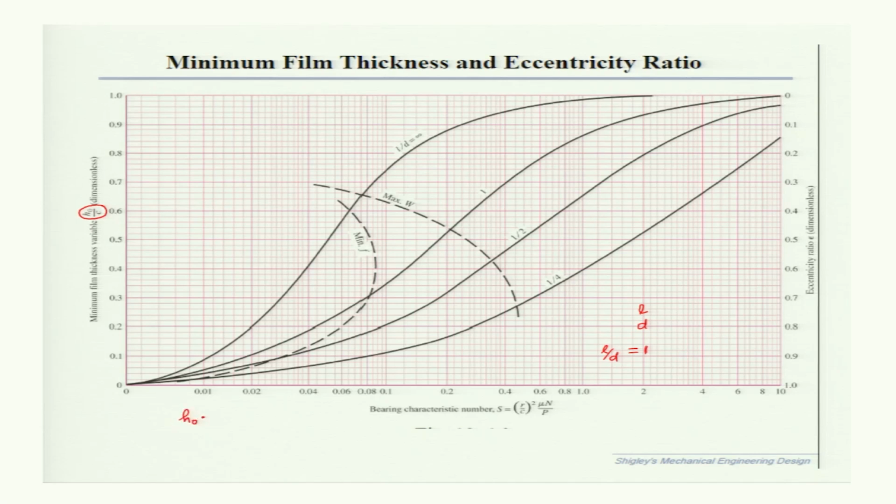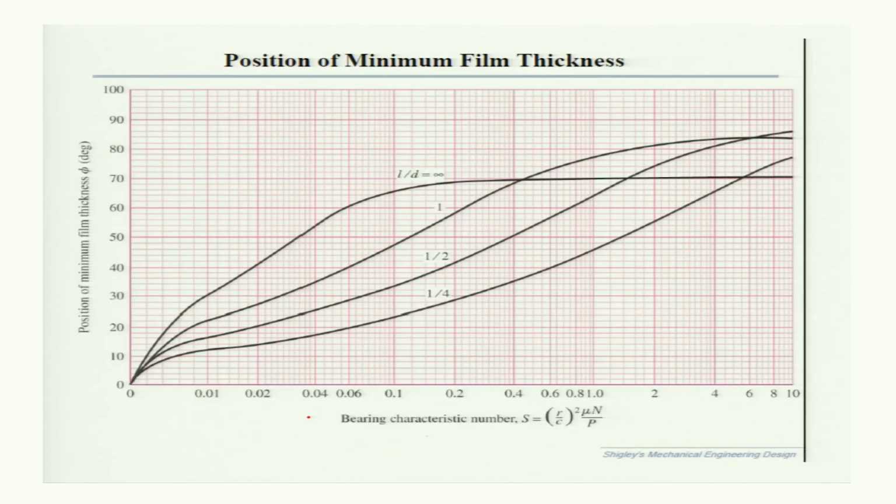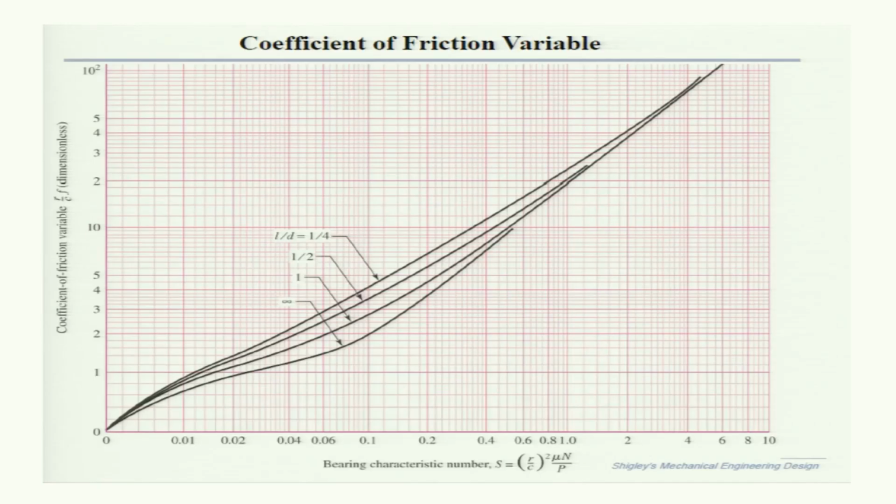Now this H0 will be compared with Trumpler's criteria, because Trumpler has given the minimum value of H0. Then the position of minimum film thickness, that is phi. Again, knowing the Sommerfeld number and the L by D ratio, you will get the position of minimum film thickness phi.